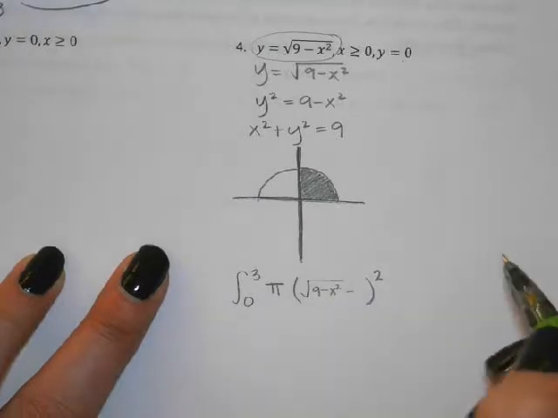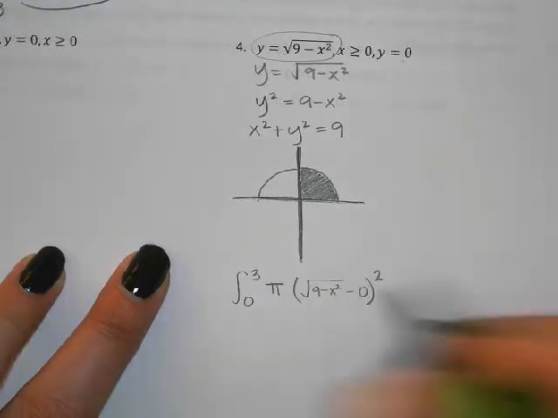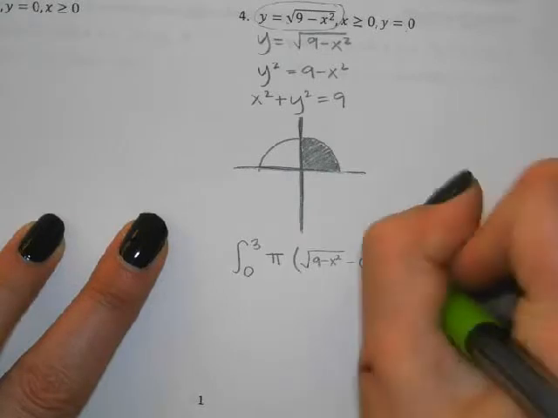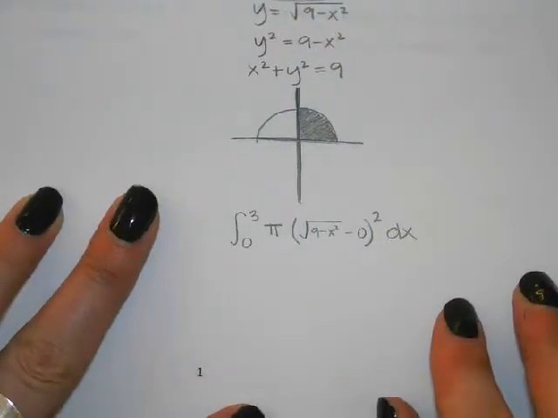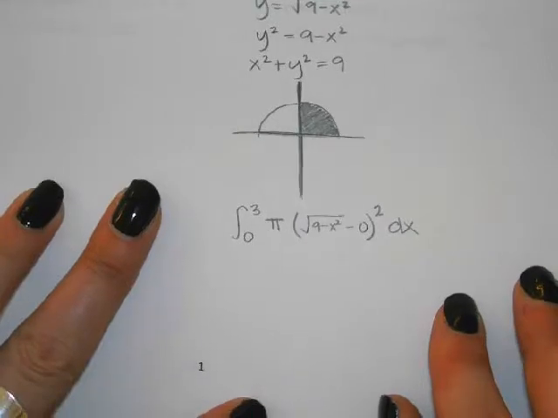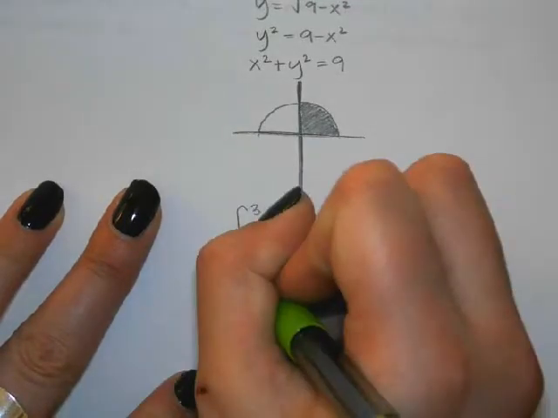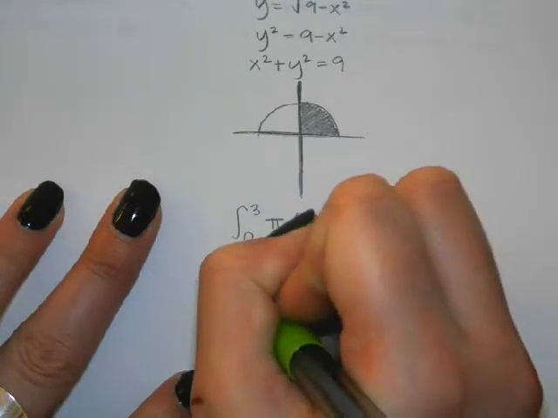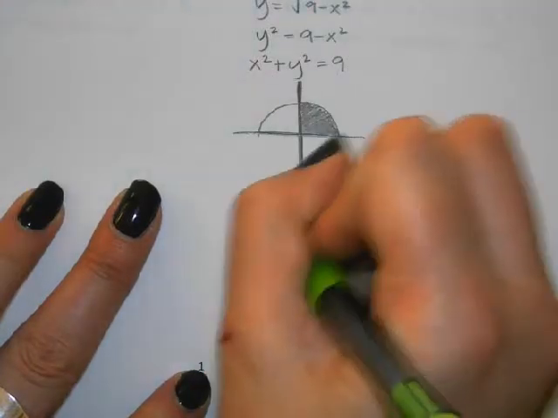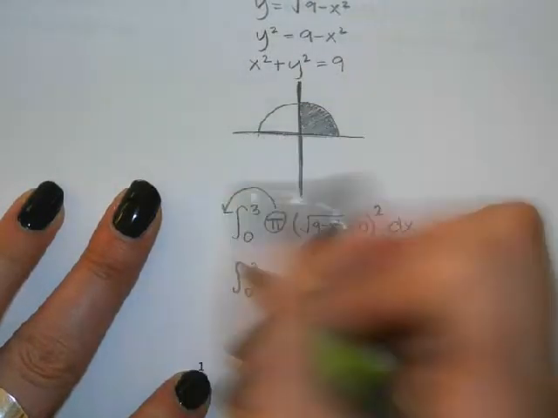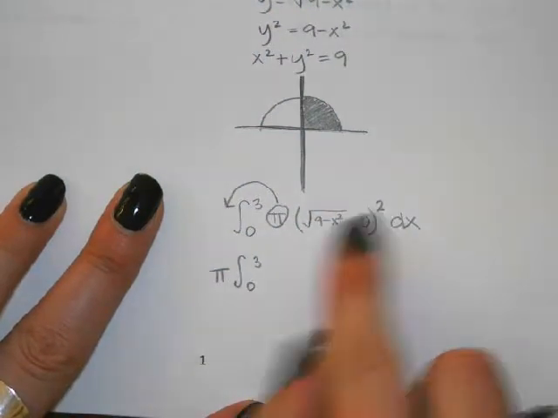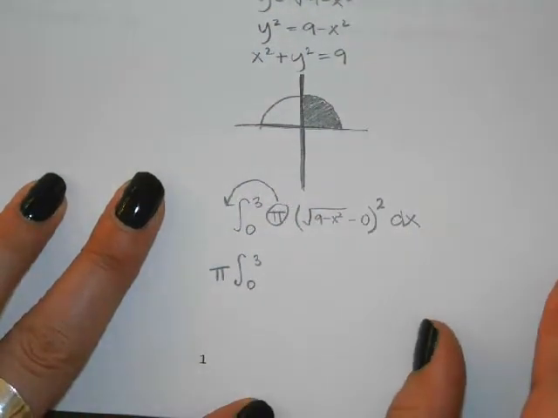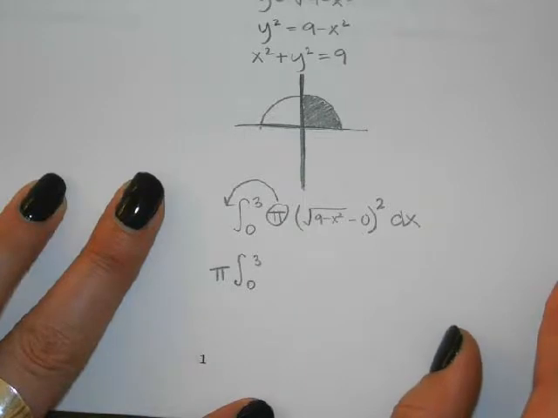Minus, what's the bottom? 0. So I'm going to go ahead and move the pi to the front. What happens when you square what's in the parentheses? The square root goes away.